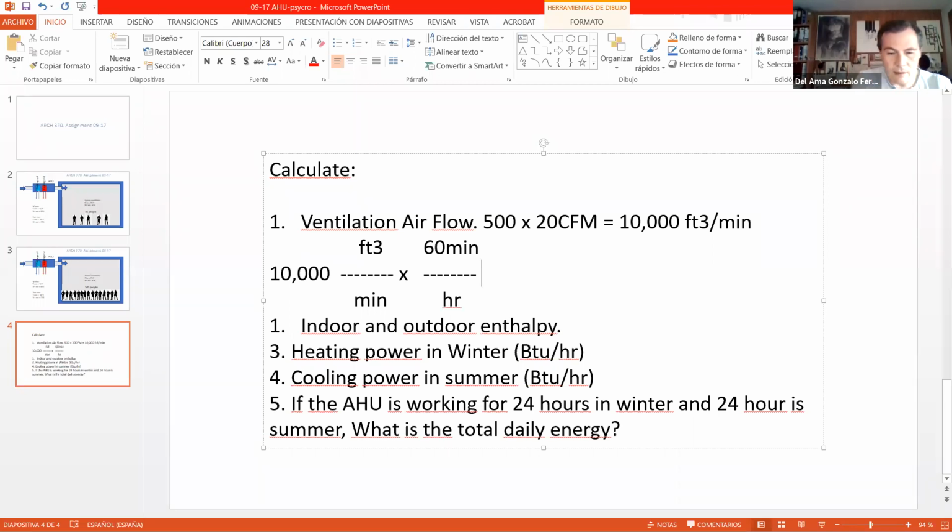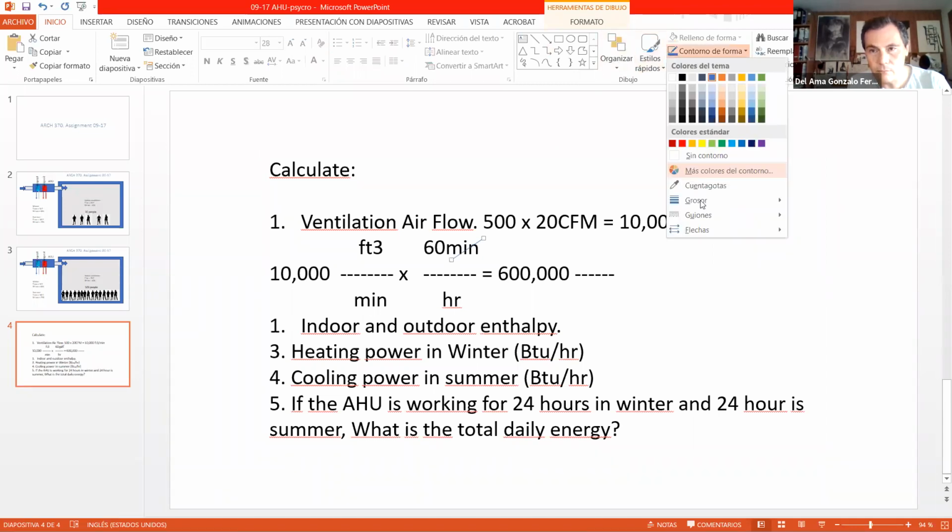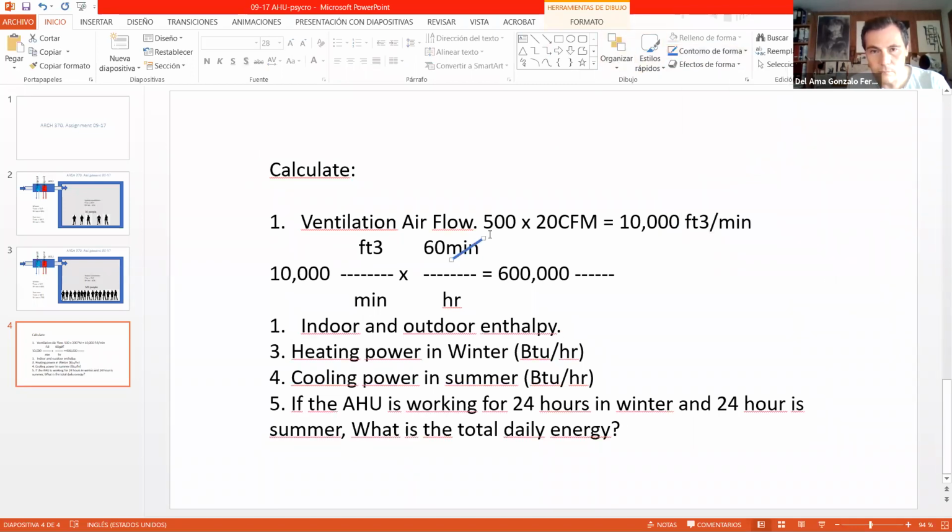So that equals 600,000 cubic feet, because now we cancel minutes with minutes. Now the units are cubic feet per hour.